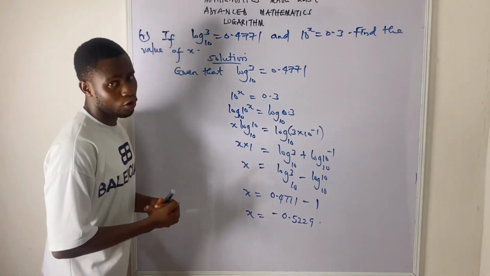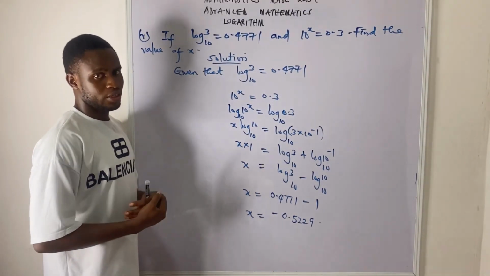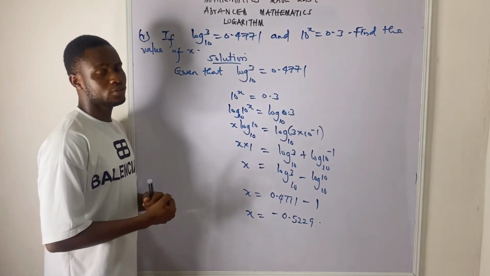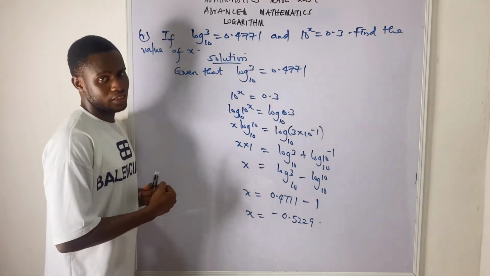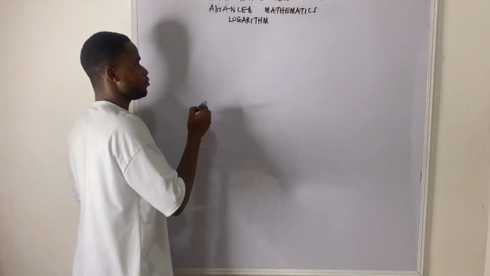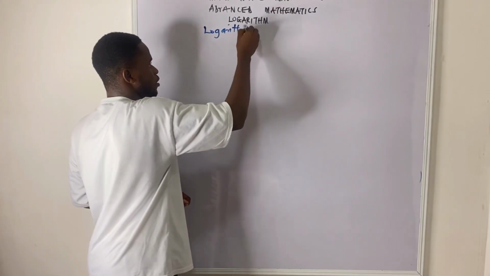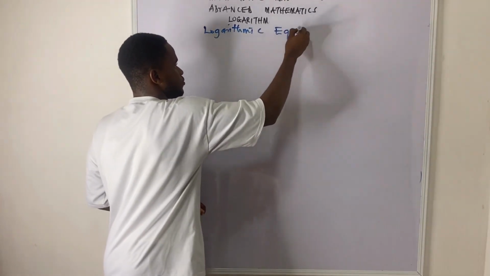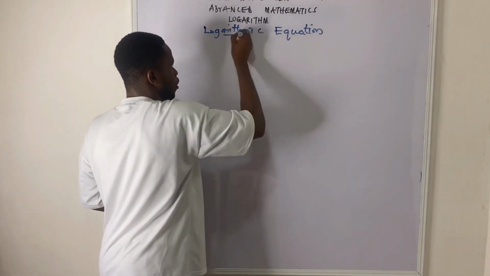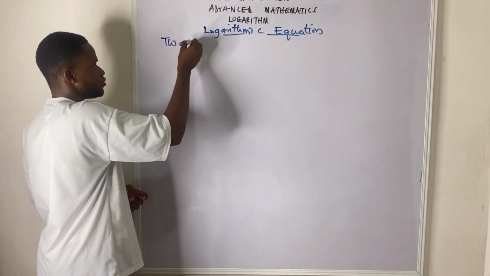So whenever you are given unknown logarithms from given values, simply express the logarithm in terms of the given values. As simple as that. So let's move to logarithmic equations. So let us now consider logarithmic equation. Now, what do we call a logarithmic equation?